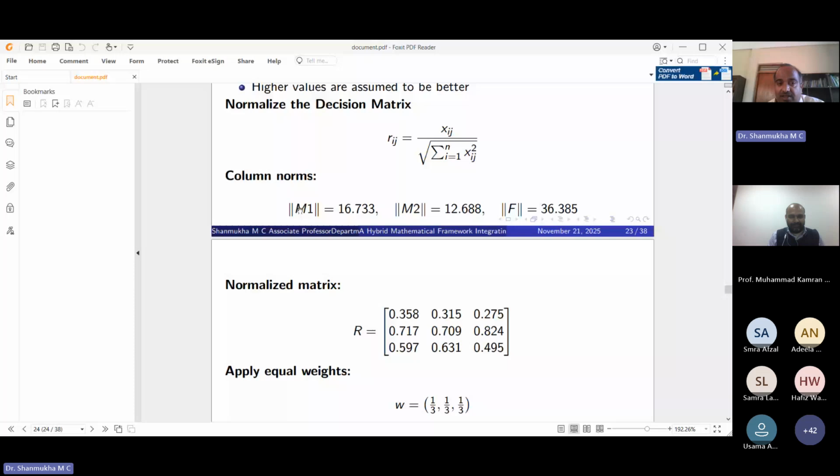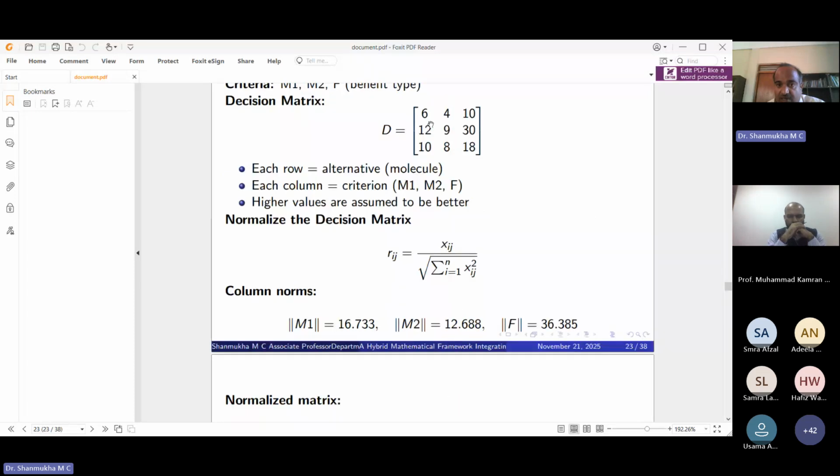First we find the norm of M1. Norm of M1 means the norm of the first Zagreb index for the structures propane, isobutane and butane. So norm of M1 is equal to the square root of the sum of squares of M1 values. It means the square root of 6 square plus 12 square plus 10 square.